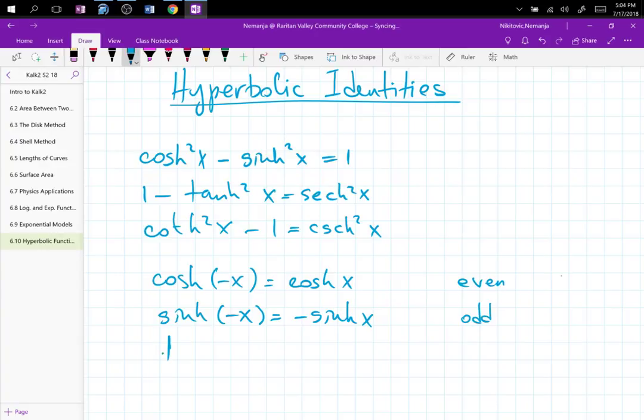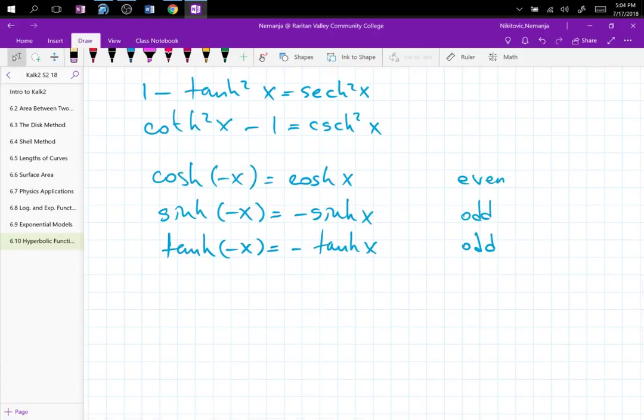And finally we have tangent hyperbolic of negative x is equal to negative tangent hyperbolic x, that's also odd. So even and odd functions work with the exponents, and eventually in chapter 9 we will be back to discuss hyperbolic functions briefly, and this would be even clearer, the connection between trig and hyperbolics.